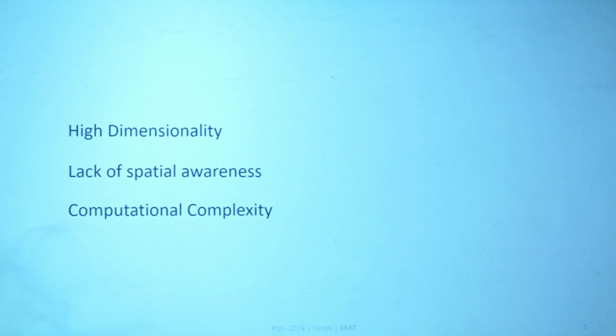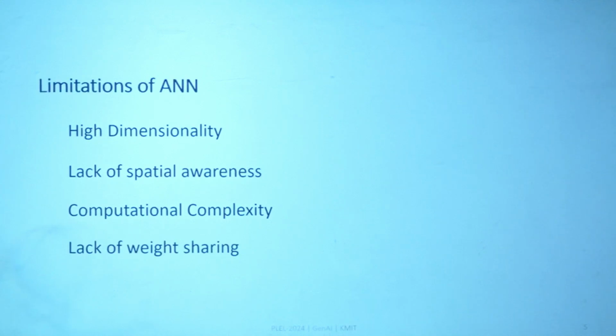Yes or no? Can you do that with artificial neural networks? No, it's not possible, right? That is what is called the lack of spatial awareness. We cannot relate how one pixel has a relationship with other pixels in artificial neural networks. With this lack of spatial awareness, there is also no weight sharing.